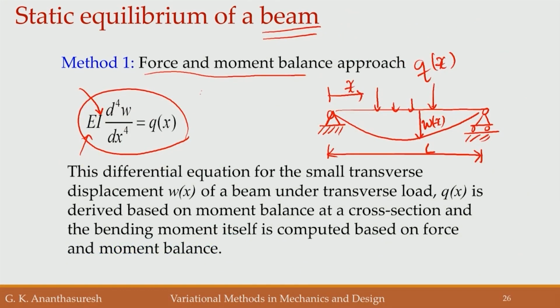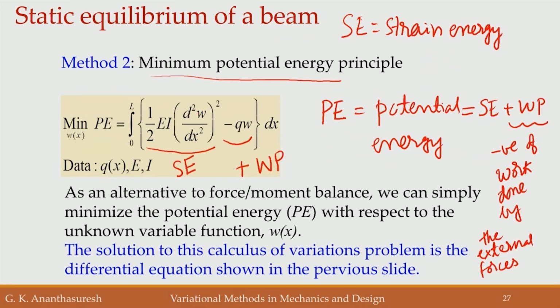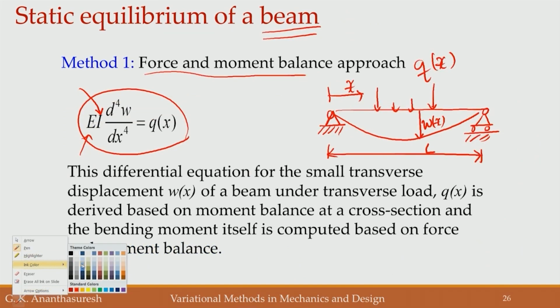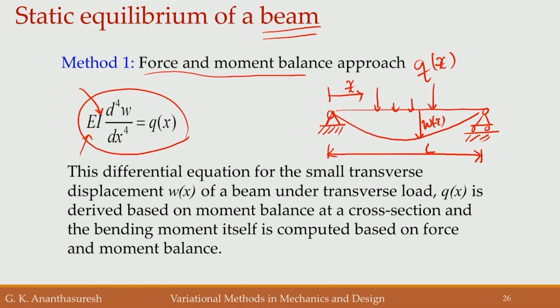So, this is obtained with force and moment balance, whereas we can get this same equation by minimizing the potential energy with respect to W of x. This is what the minimum potential energy principle says. In other words, while the beam has a number of, okay, let us draw some of them. This beam can actually deform like this, right.